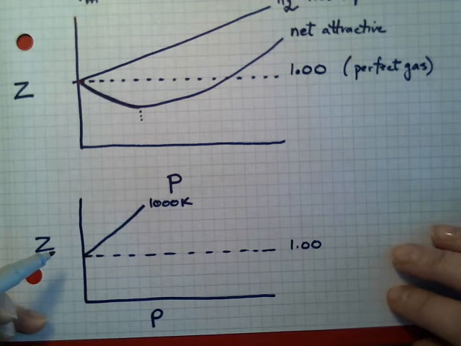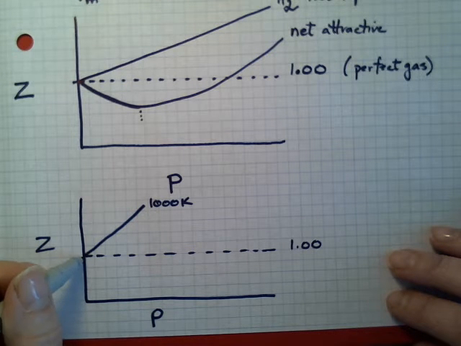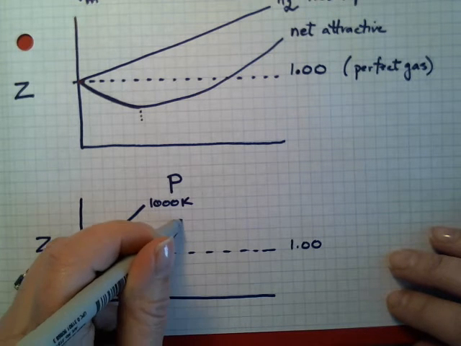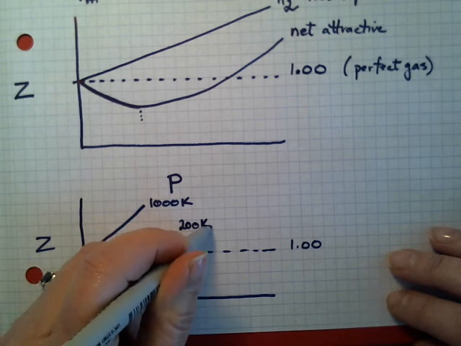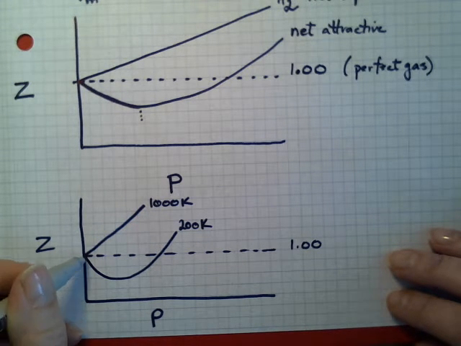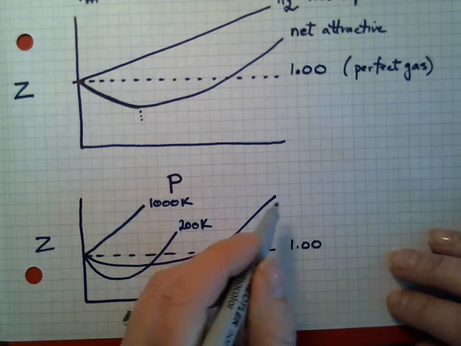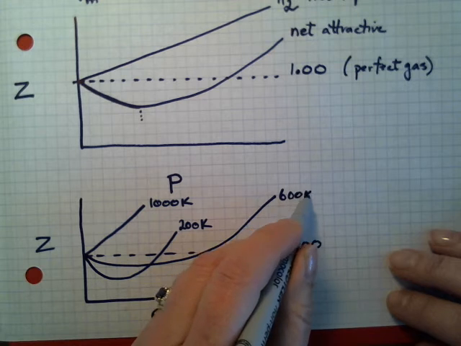All right, and then let's take the other extreme, like down at 200. 200 might look something like that. And somewhere in between, something like this. And maybe that's 600.